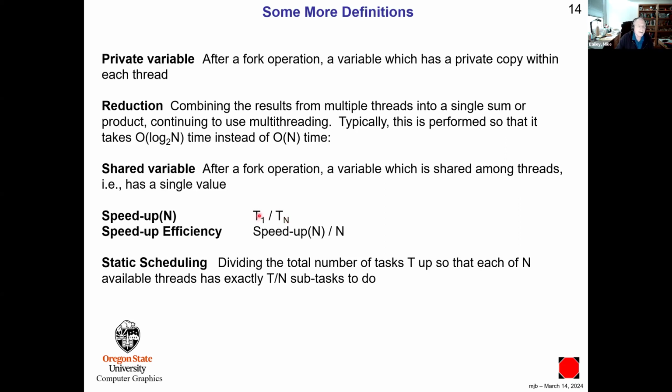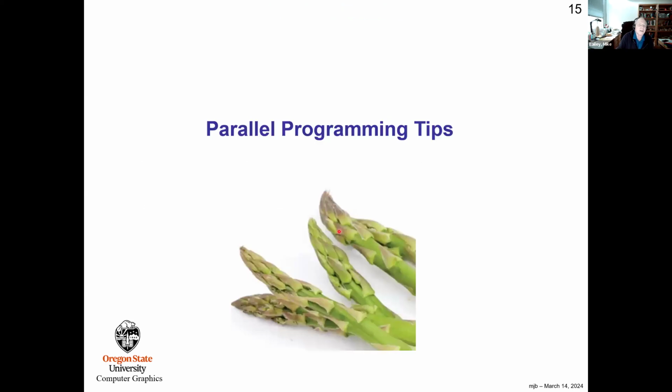But that ratio is known as the speedup. Speedup efficiency is the speedup you get going from 1 to n threads, divided by n. We would love to have a speedup efficiency of 100%, but your experience with perpetual motion machines probably says no, we're not going to get to 100%.